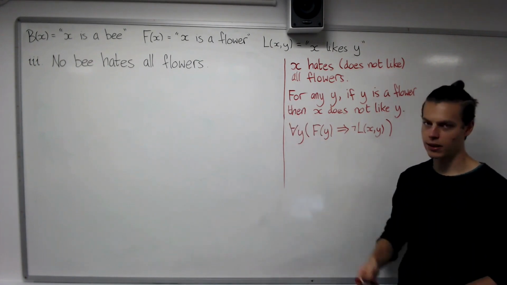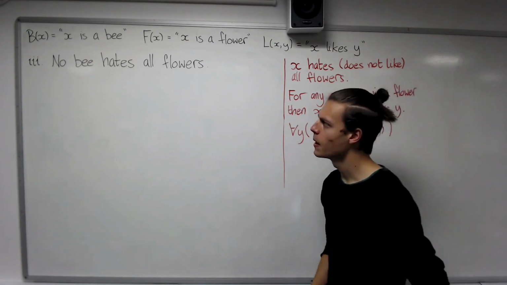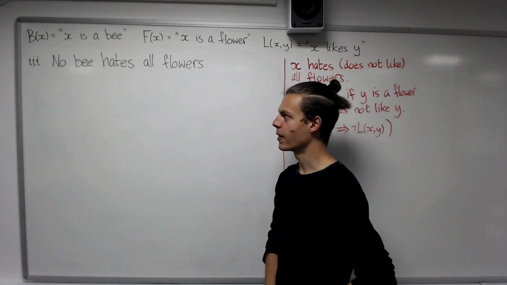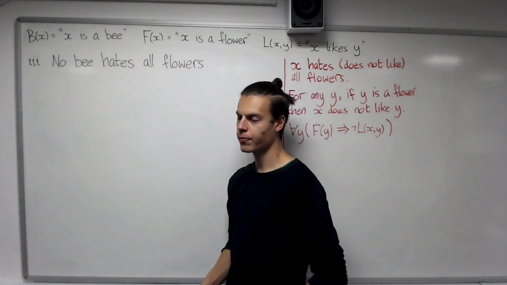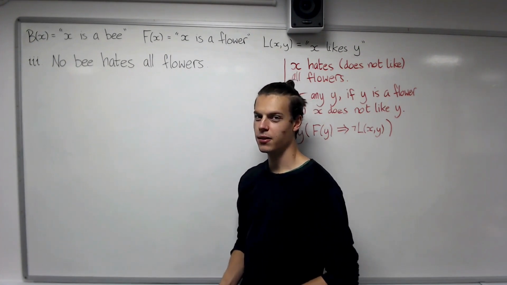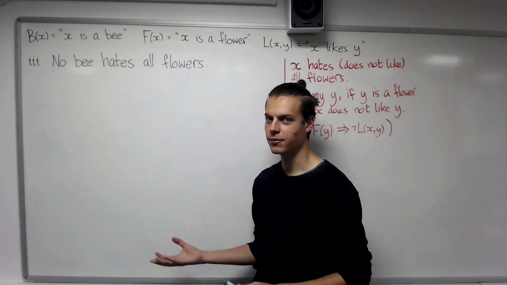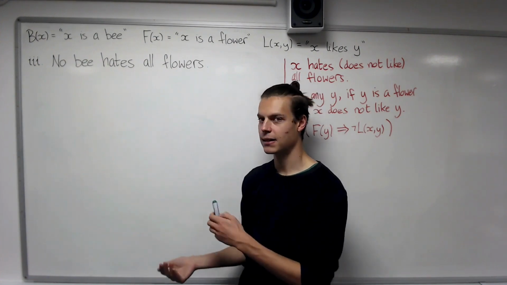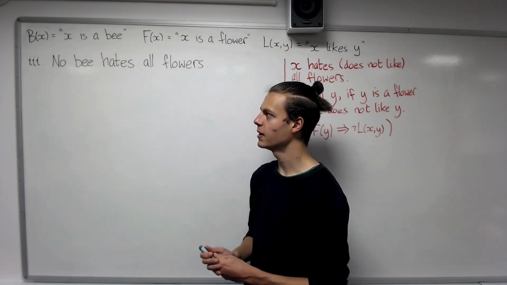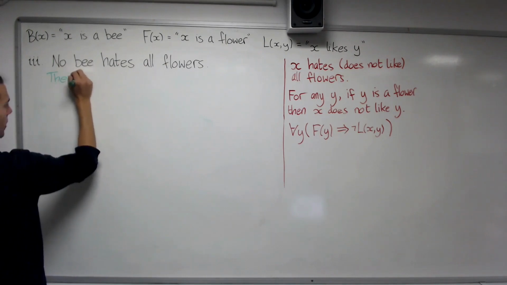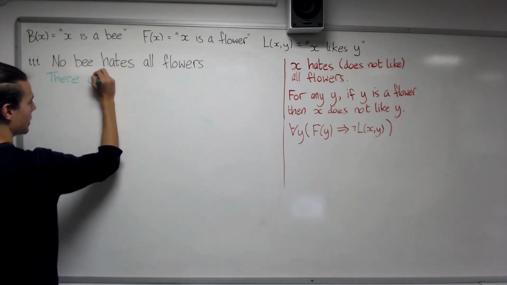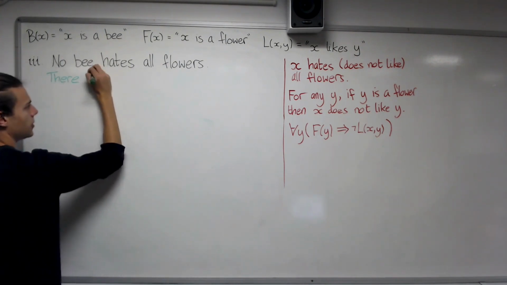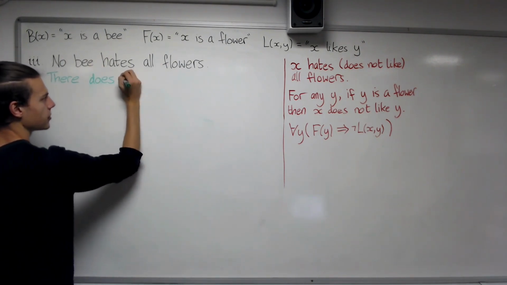So now let's take a look at our statement up here. No bee hates all flowers. So how can we rewrite this? We can say that there is no thing X such that X is a bee and X hates all flowers.